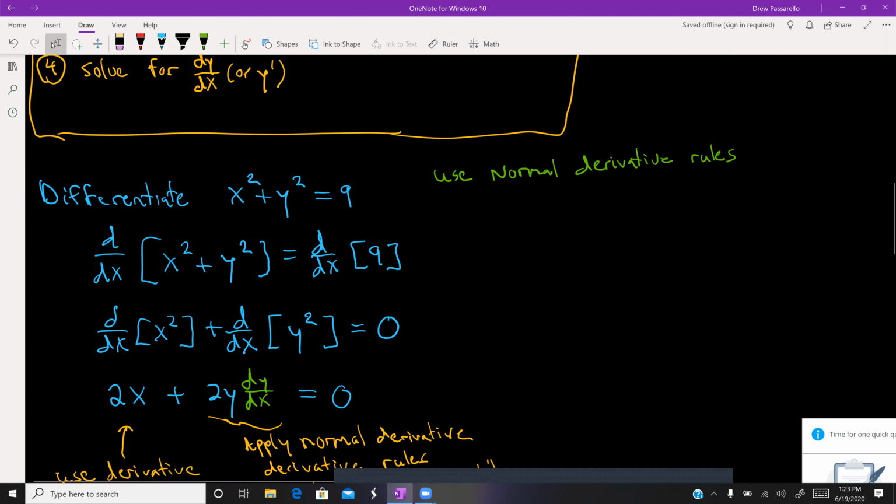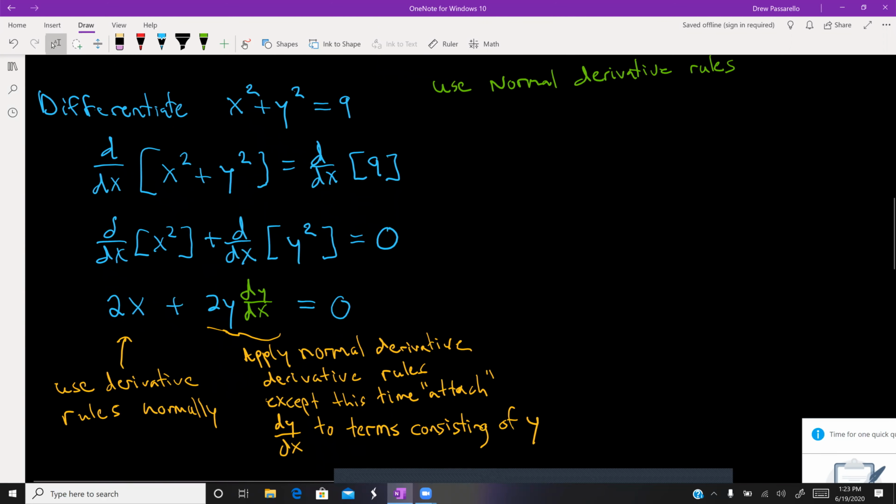All right, this is where we get into something different. Taking the derivative of x squared, that's 2x. That's normal derivative rules. Now for y squared, this is where it gets a little different. We still take the derivative of y squared like we would if it was x squared. So we drop down the exponent using the power rule, and it's 2y to the 2 minus 1, which is 2y, just like this was 2x.